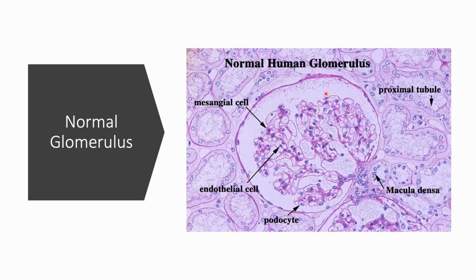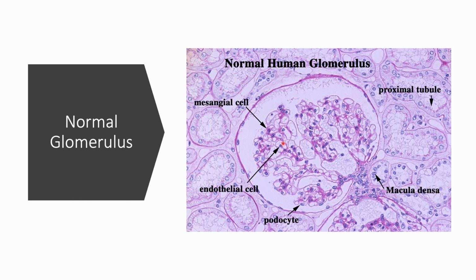Note that this space is empty. There's nothing. Then we have these capillary loops. They're thin and they're nice, and you cannot really see anything in them. It's like you've drawn them with a pencil. Now the cells that line these capillary loops are the endothelial cells.